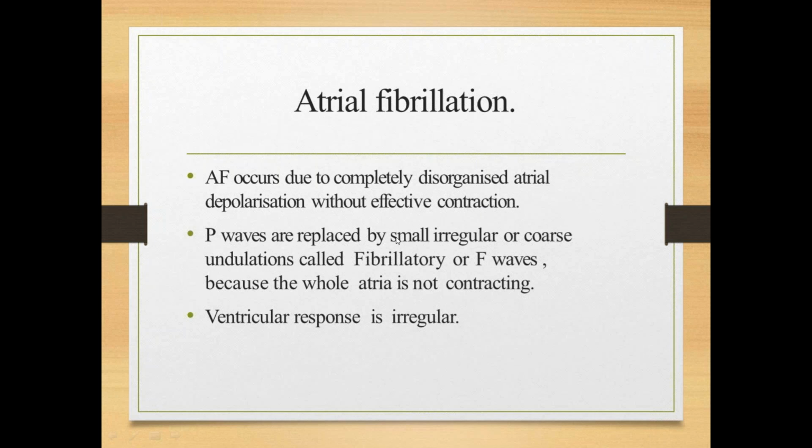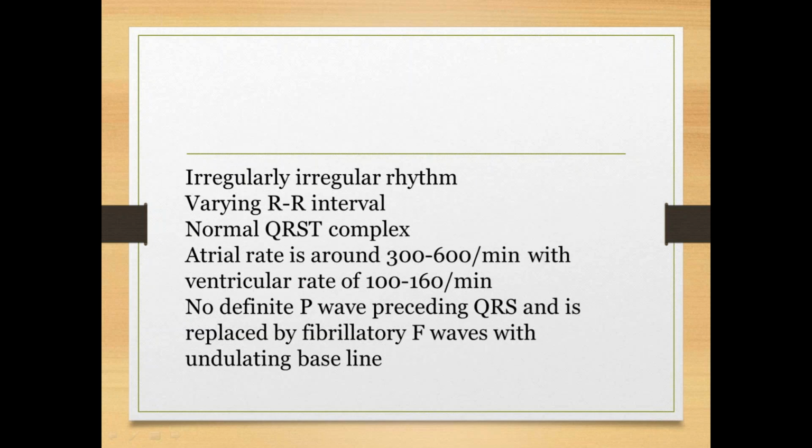So P waves are replaced by small irregular or coarse undulations called fibrillatory or F waves because the whole atria is not contracting. Ventricular response is irregular. So here you get irregular rhythm.